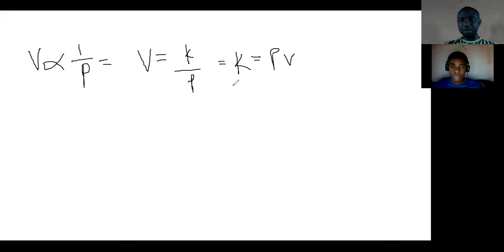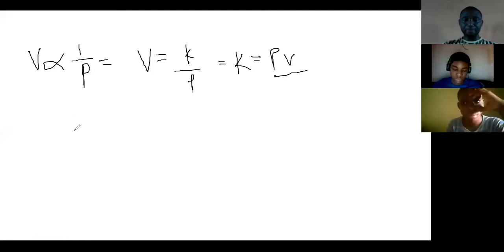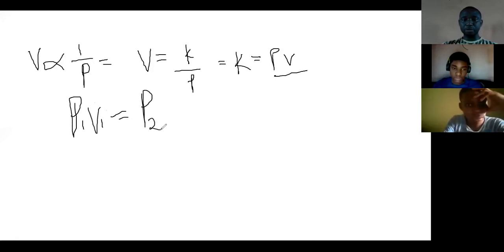That illustrates Boyle's law. So that means once we have more than one pressure and more than one volume, we have P1V1 is equal to P2V2.